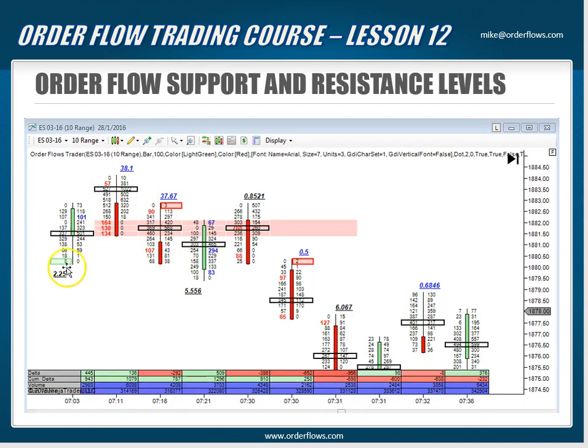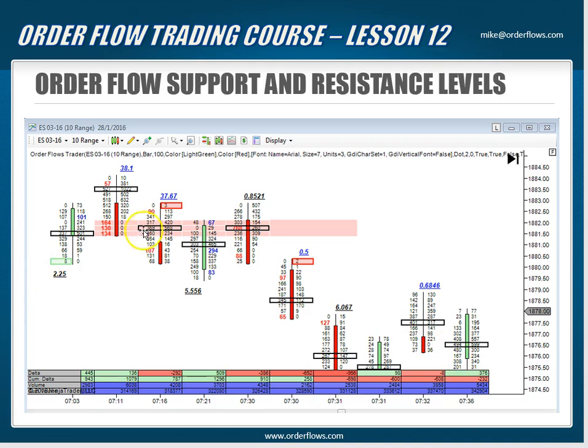Okay, this is a perfect example. We had come up here, we hit our high here. We got a ratio, got a small print, and then at the bottom of the bar, you've got the selling imbalance. We open up below the selling imbalance, trade back into it, get through to the other side. We're still below this point of control. So this is your resistance area. As long as you can stay in this area, preferably below it, then the move will continue lower.